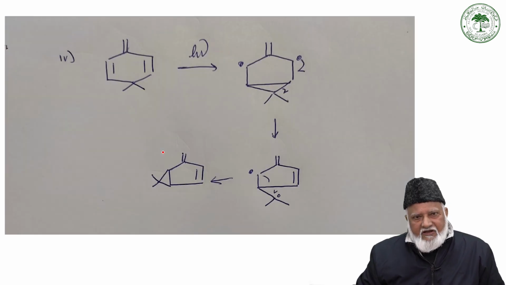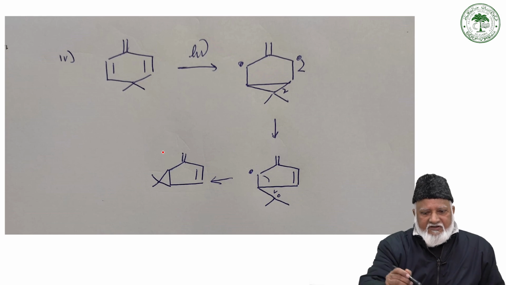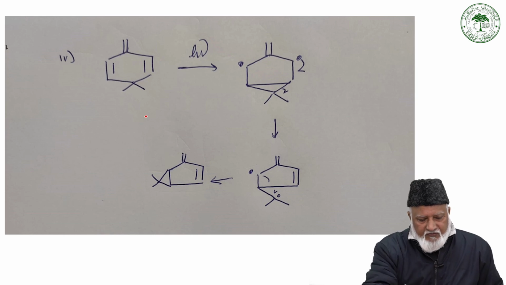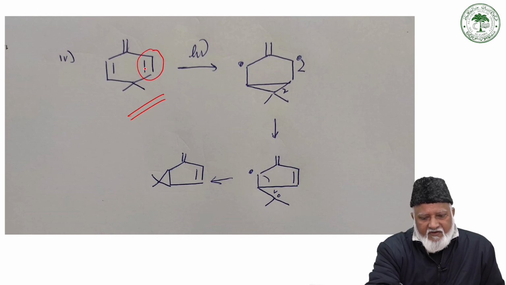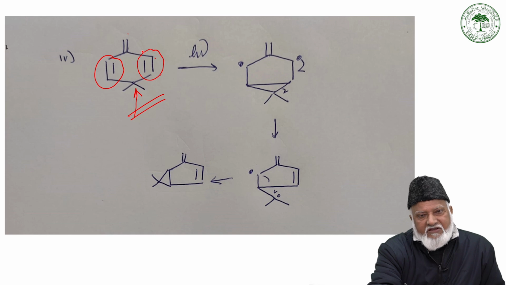Going to the second example, here we have to look very carefully at the starting compound. You have one double bond, and of course you have 3 double bonds. If you consider these 2, there is no methylene group here.